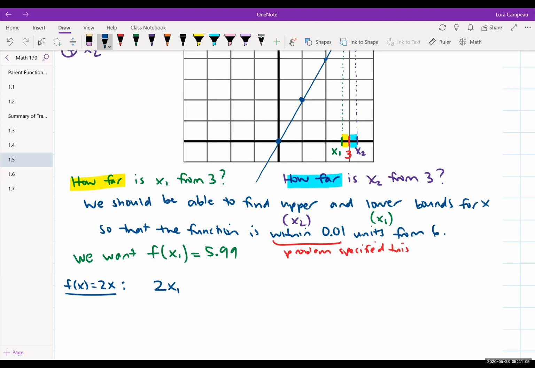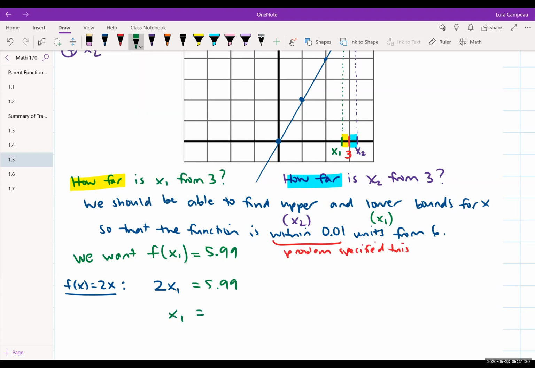There's function notation, and they're telling us that it's supposed to be equal to 5.99. We already knew the y value. So you're probably saying, if I have a mini equation, 2 times x1 equals 5.99, all I have to do is divide both sides by 2, and I should be able to find my x1 value.